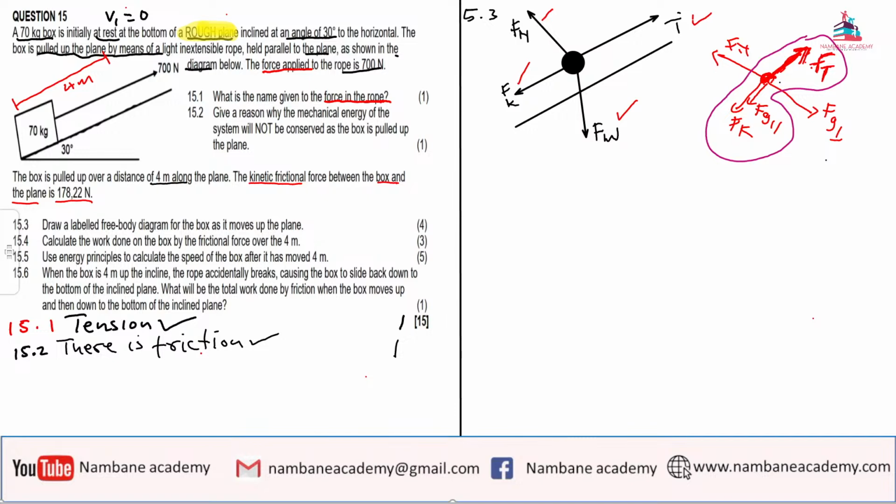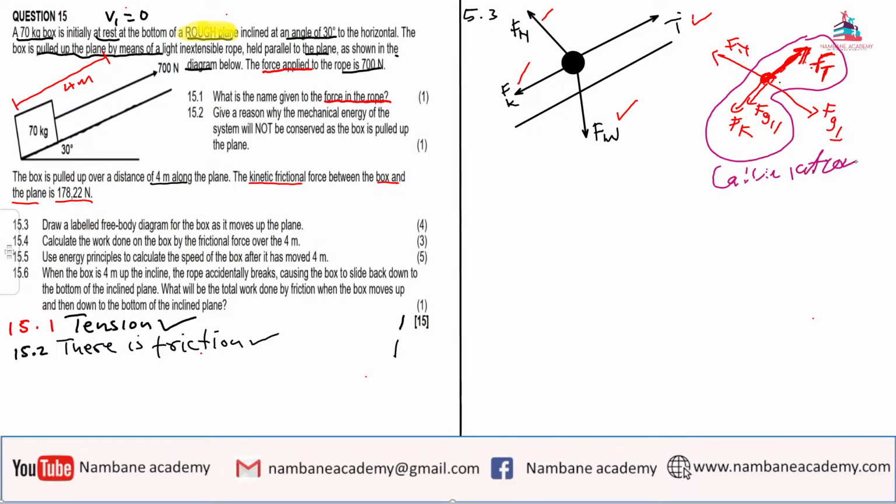So what does that say to me? It says once I am on an inclined plane and the examiner, Tapelo, asks me for a free body diagram, I'm going to give him this free body diagram of 4 vectors. But for the purpose of calculations, let's emphasize that.